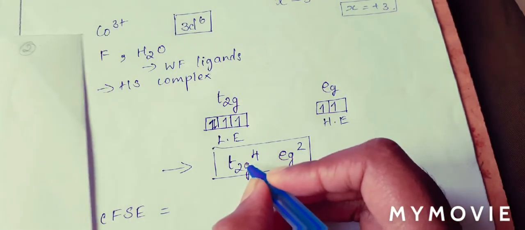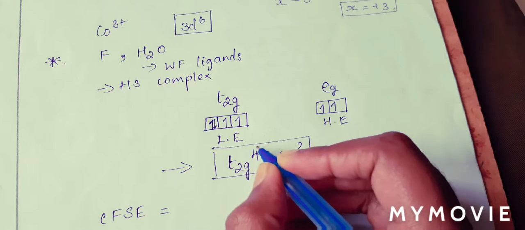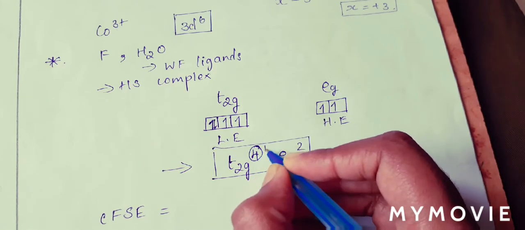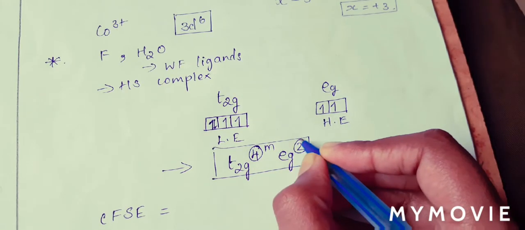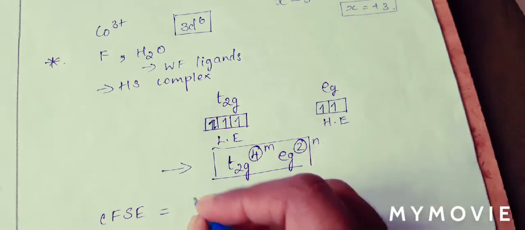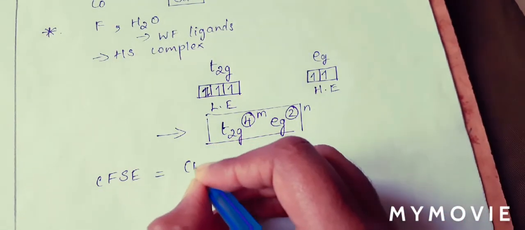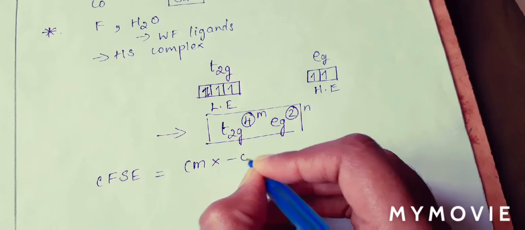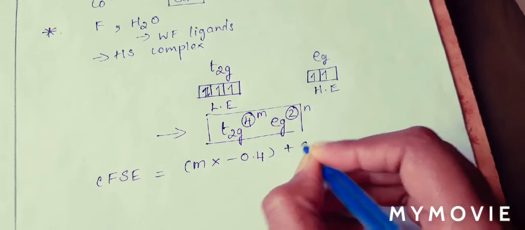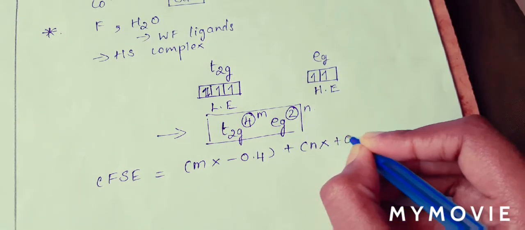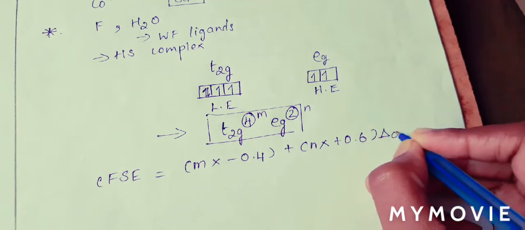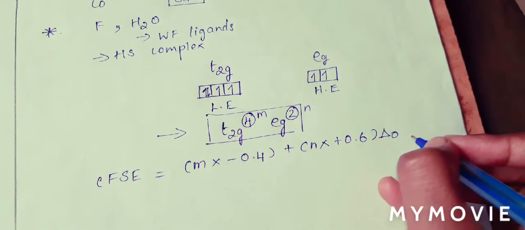Now, the number of electrons in the t2g orbitals is represented as m and in the eg orbitals as n. Now I'm going to apply this in the formula: m into minus 0.4 plus n into plus 0.6, into delta naught. Delta naught is a constant, so don't worry about it.